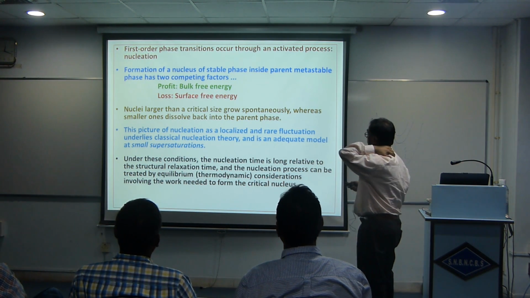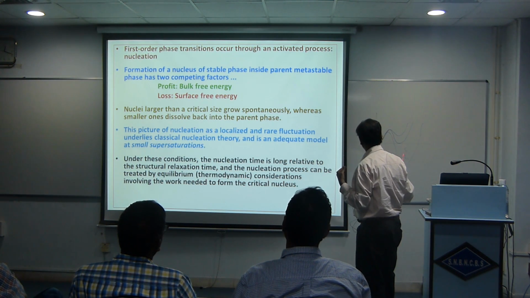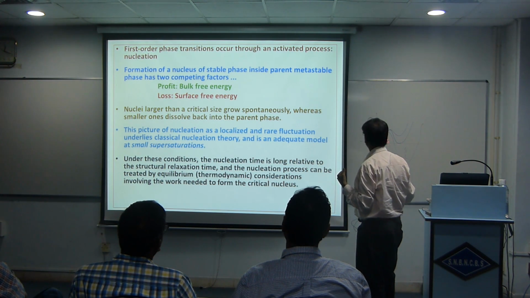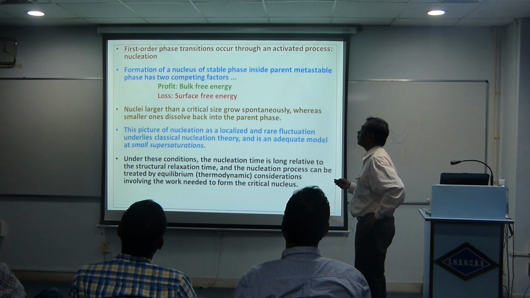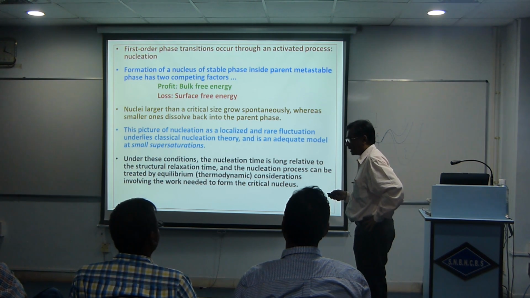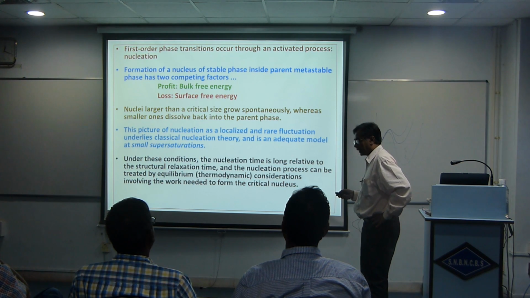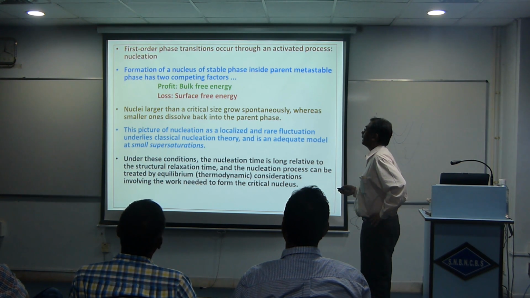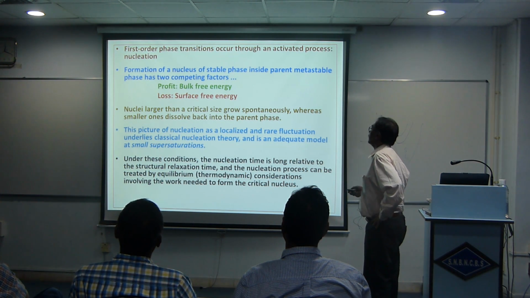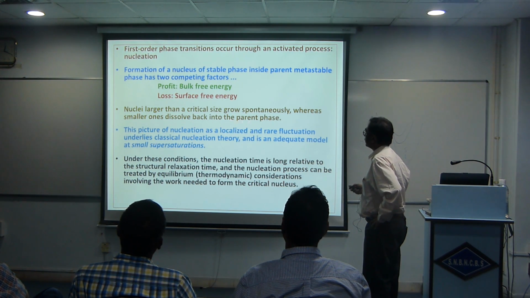One is that you are getting a profit in free energy, which you gain by transforming a part of the system into the more stable phase, but that is resisted by surface tension. This is a beautiful thing whose understanding came from statistical mechanics. It is very simply measured in experiment, but turned out to be extremely difficult to do theory, and it is fraught with a lot of difficulties, misunderstanding and traps. Now there is a concept of critical size: when you go above that, it goes spontaneously.